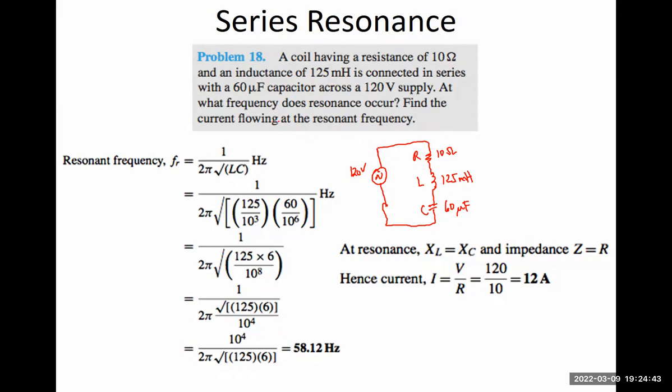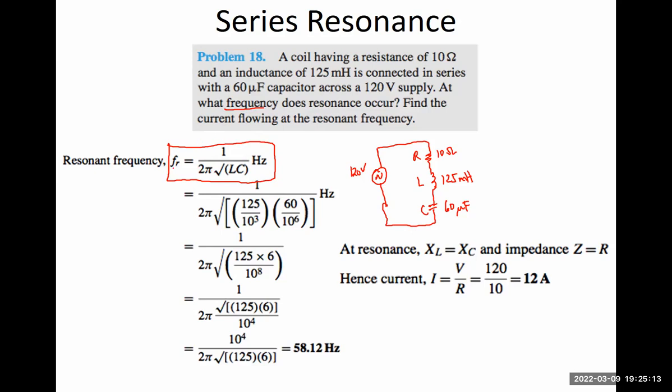Now, what we need to find is what would be the frequency wherein the circuit will be at resonance. So we are given by the equation, the resonant frequency is equal to 1 all over 2 pi multiplied by the square root of the product of the inductance and capacitance.